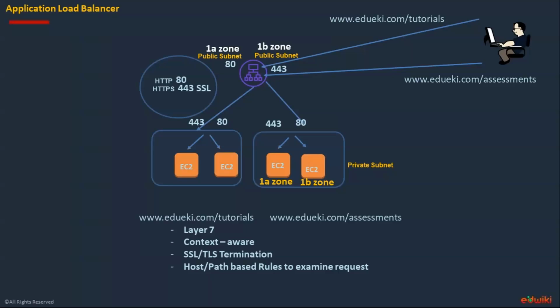A question for you at this time. Can a single subnet be associated with multiple zones? Always no. A subnet cannot have multiple zones associated.